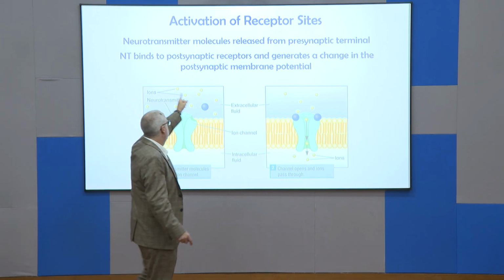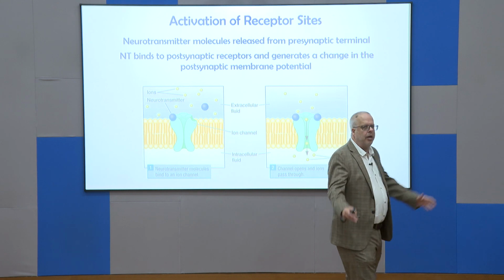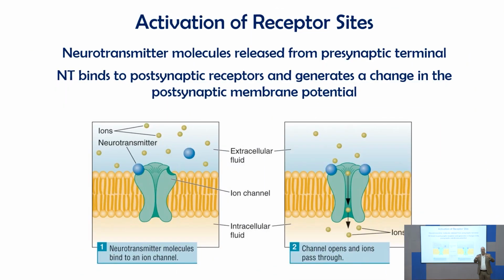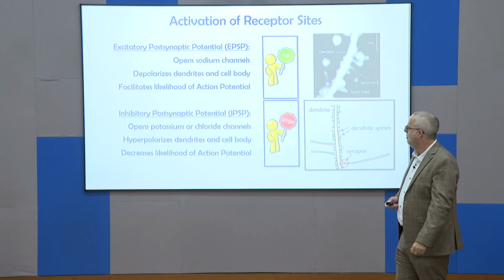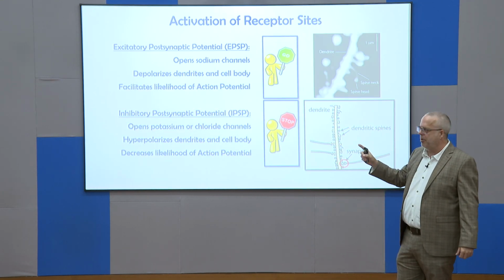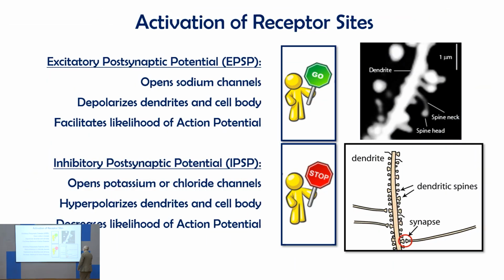So, neurotransmitter binds to the postsynaptic receptor, and it generates this charge differential. It generates a change. The interior of that terminal becomes more or less electrically negative. Okay. So we can talk about an excitatory postsynaptic potential versus an inhibitory postsynaptic potential. And keep in mind, here's our dendrite, here's all those individual spines.